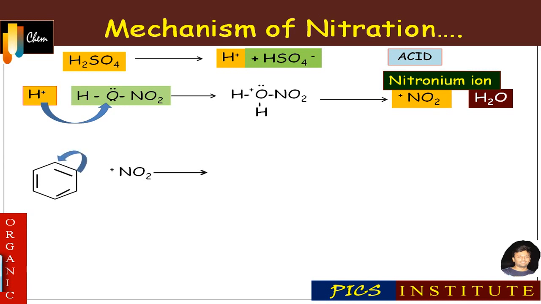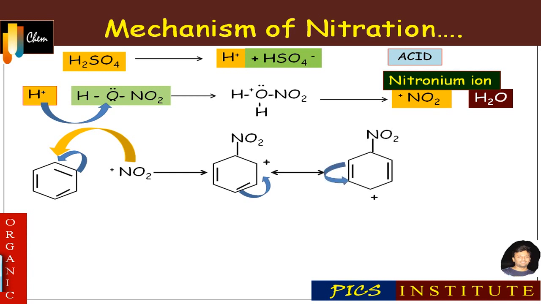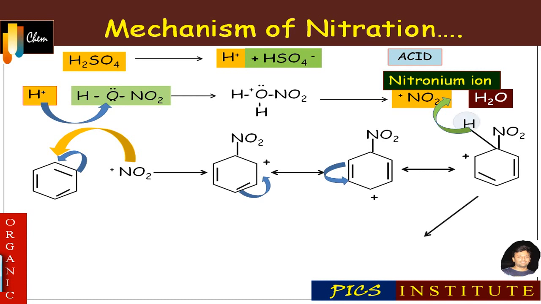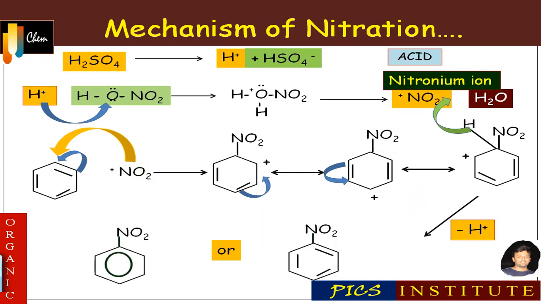Reaction takes place as splitting of pi bond on the benzene ring, attack of NO2 positive on the benzene ring, then resonance. This generates positive charge at para position, again resonance, positive charge at ortho position, then finally deprotonation, that is removal of proton, results in formation of pi bond. In this manner we get nitrobenzene.